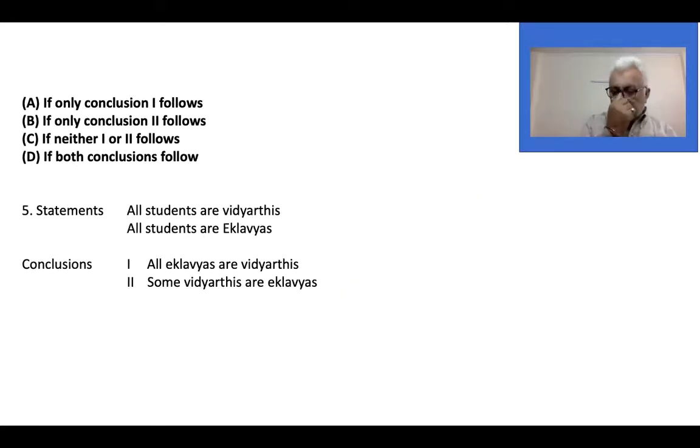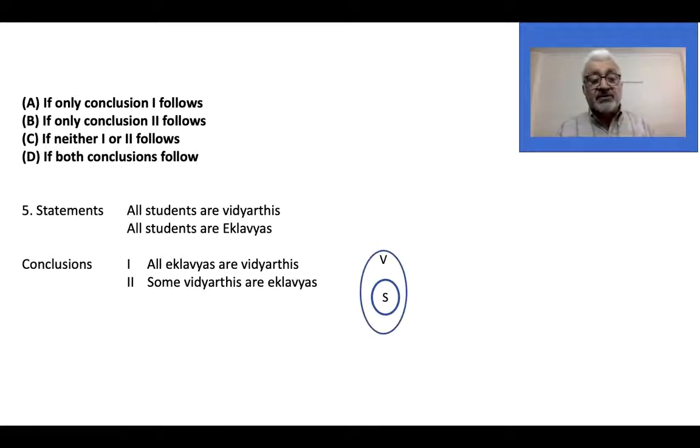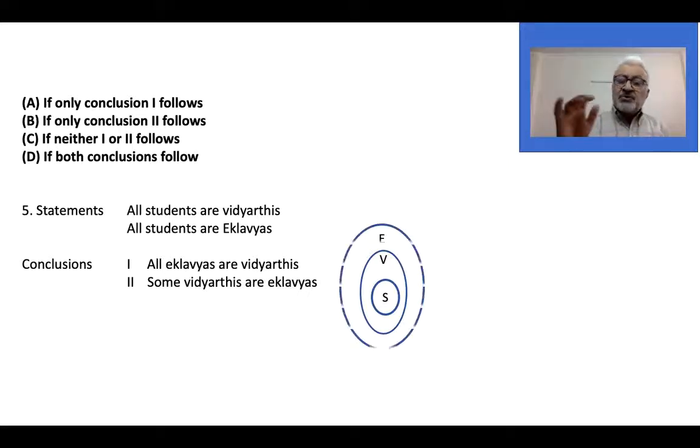Moving on. Question number 5. You can notice that the difficulty level is going up gradually. Next, please. It's talking about all students are Vidyarthis. So we've got students and we've got Vidyarthis around it. So this represents all students are Vidyarthis. It also says all students are Eklavyas.